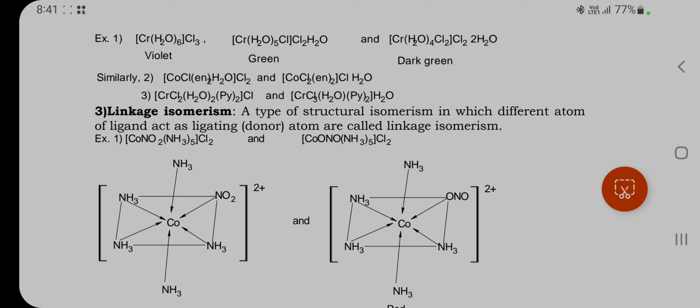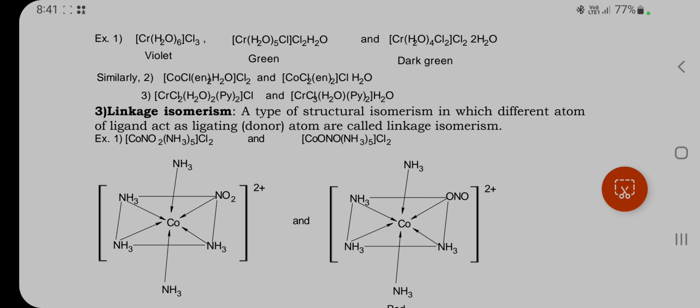Next, let us move on to one more type of isomerism, that is linkage isomerism. In linkage isomerism, the compounds have the same molecular formula, but different atoms of the ligand act as the ligating atom.